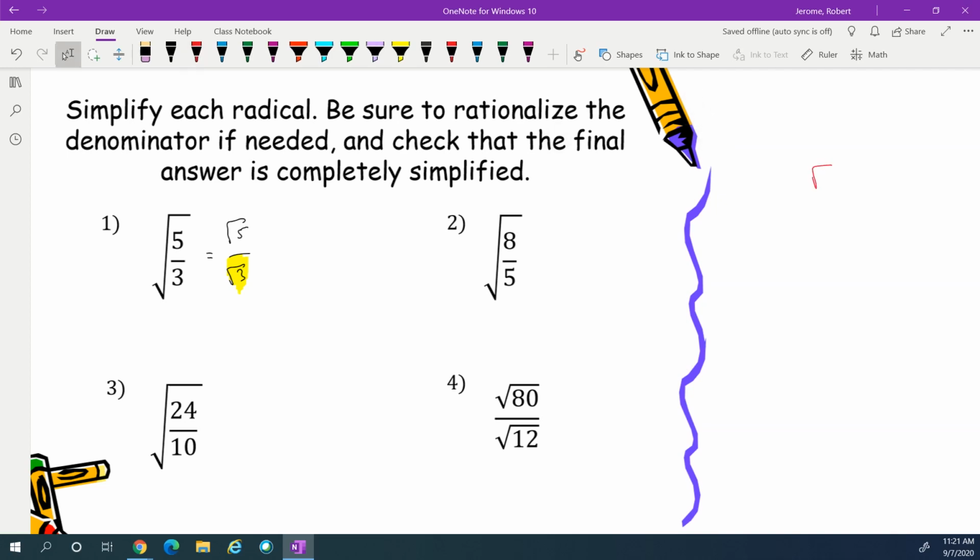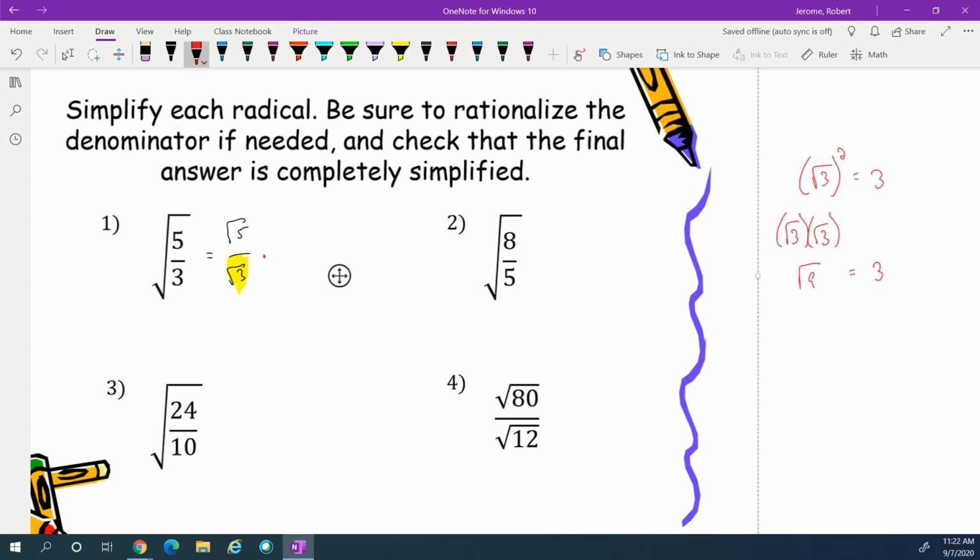We get that 3 right back. Because, and this is really important to understand, what are we really doing? We're multiplying that 3 times 3 under the radical, giving us a square root of 9. And what's the square root of 9? It's simply a 3.